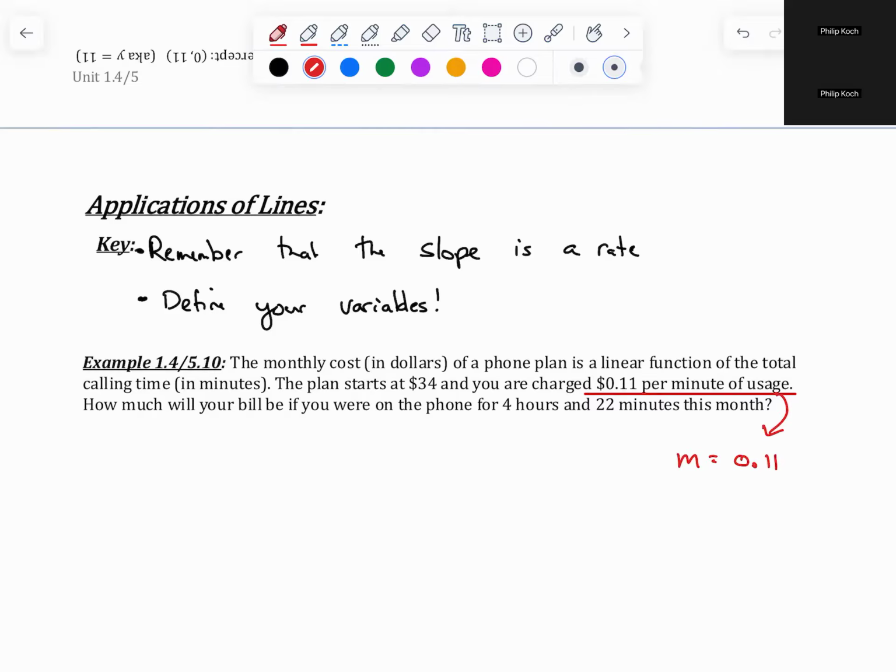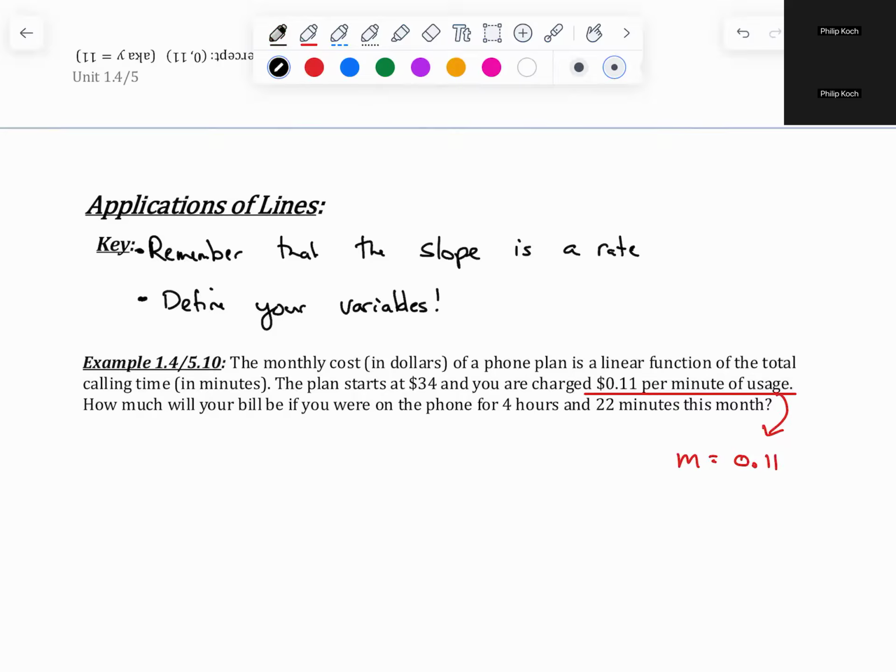Now, you can use whatever variables you want. The convention is to use X and Y, but there's nothing stopping us from using P and Q or A and B. It's just that we already have an established routine about X and Y, where X is the independent variable and Y depends upon X. So in this case, the independent thing is the amount of time that you use, because the cost of the plan changes with how much time you use.